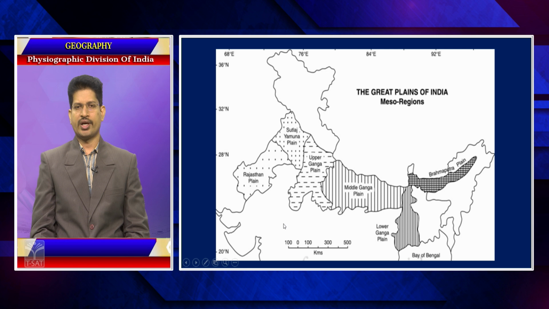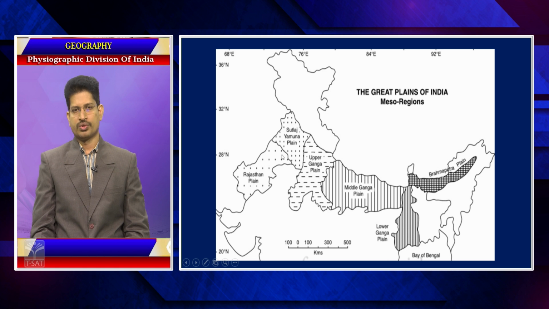The Great Plain regions are divided into different regions. For example, the Rajasthan Plain, the Satluj-Yamuna Plain, the Ganga Plain, and the UP-Bihar plains are drained by the Yamuna and the Ganga river systems, and the plains in Assam by the Brahmaputra, and the Bengal Plain.